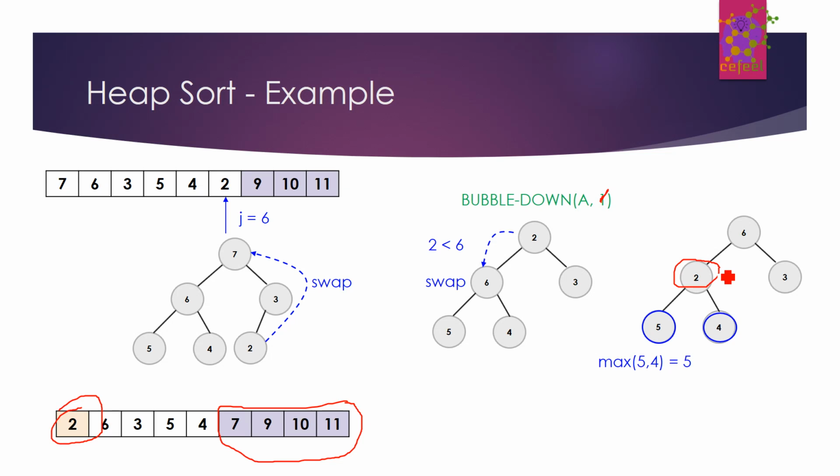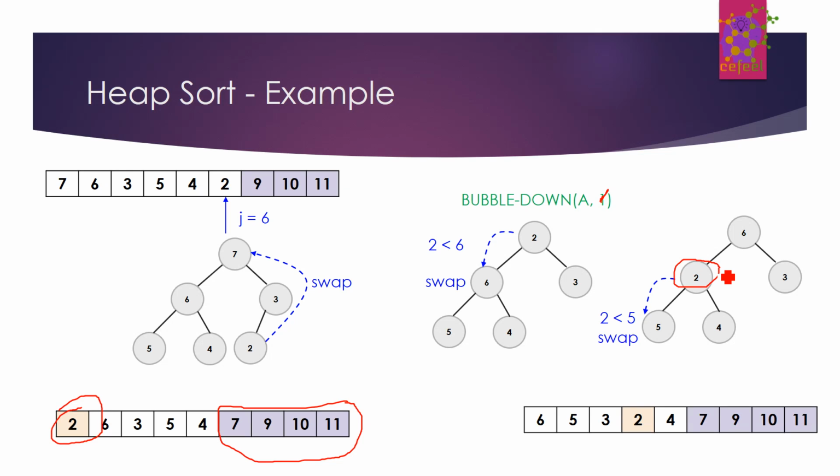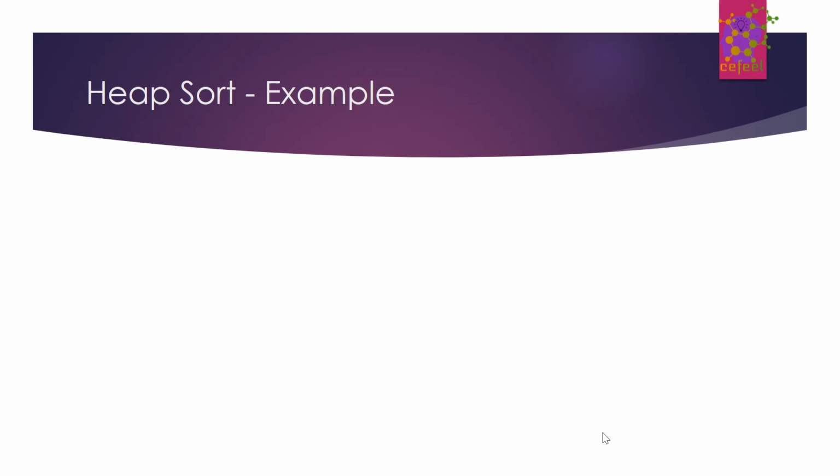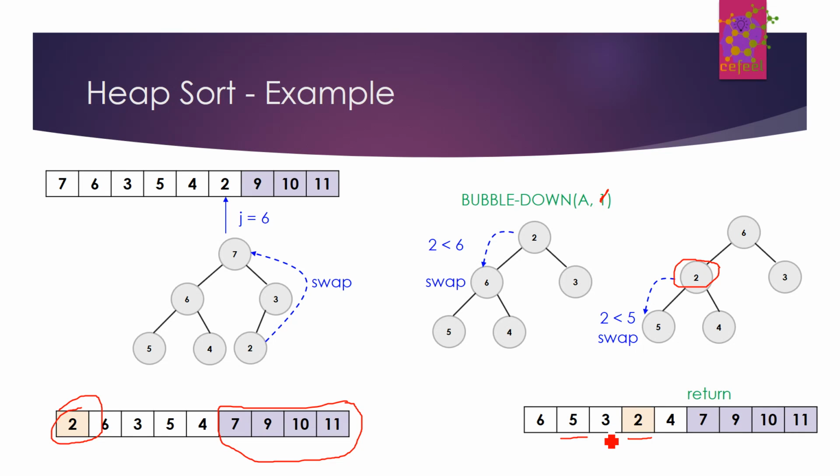Its children are 5 and 4. 5 is the maximum, and we need to compare with 5. 2 is less than 5, and hence 5 needs to be swapped up, and 2 will become its child. So we swap, and finally we will have 2 here and 5 here. So let's see how it will look. Once we have swapped them, there is no further swap needed, so this will become 5 here, this will become 2 here. So 2 has found the lowest position, there are no more children, so our bubble down process will end here.